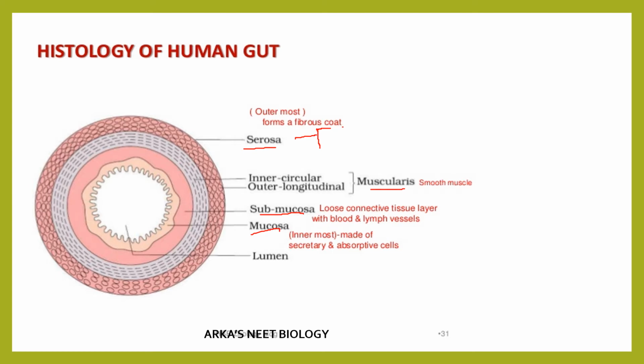So the epithelium here is simple squamous epithelium, and the next one is areolar connective tissue. This is the makeup of the serosa, the outermost layer.